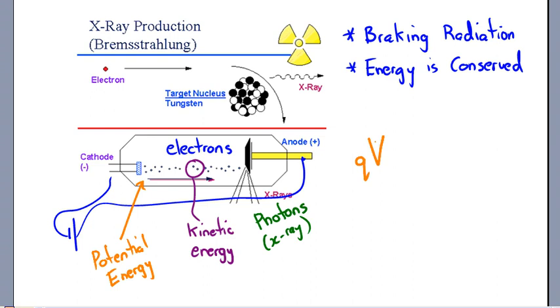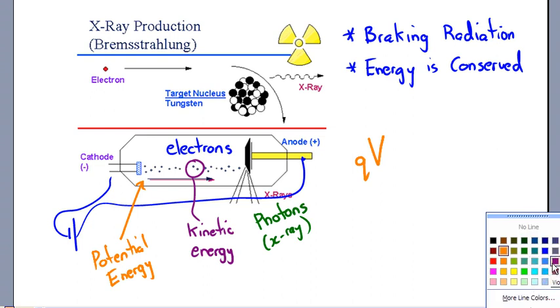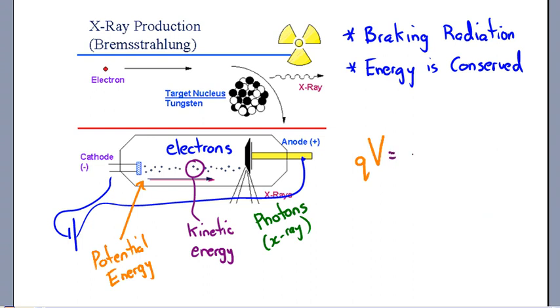It's the size of the charge multiplied by the voltage on the plates. That gets converted into some going fast electrons, into some 1/2 mv squared for some electrons. And then those electrons crash, they break, they give up that energy and that Bremsstrahlung, that breaking radiation, in the form of some photons, some X-ray photons. So that gets converted into hf.